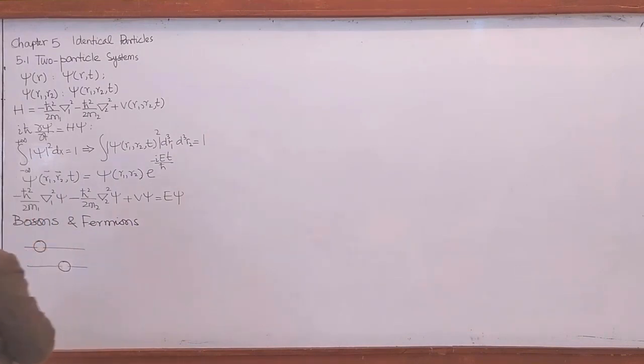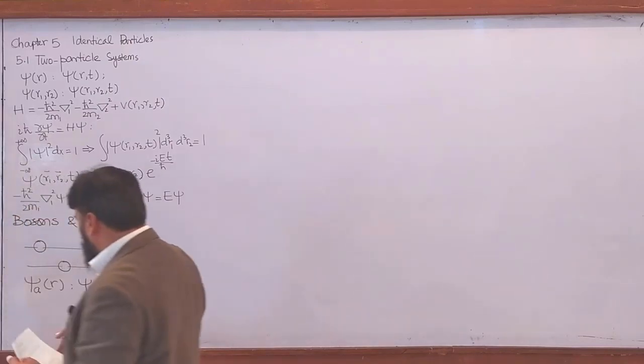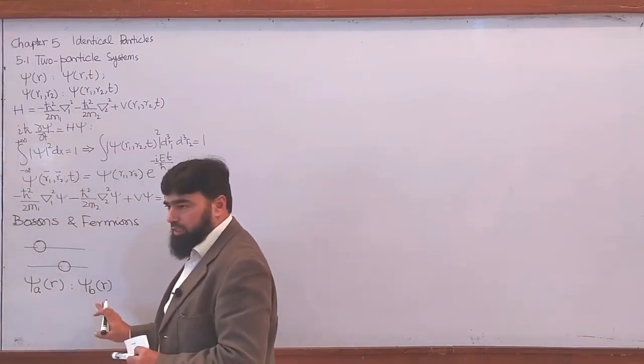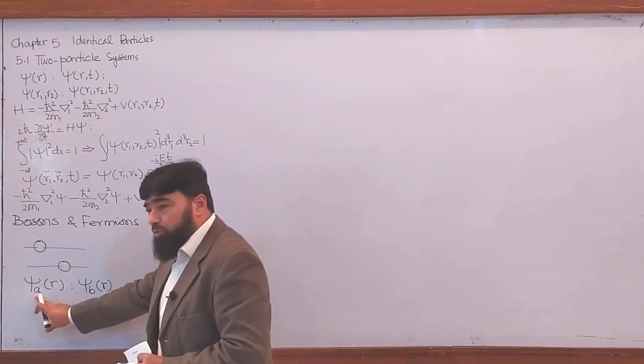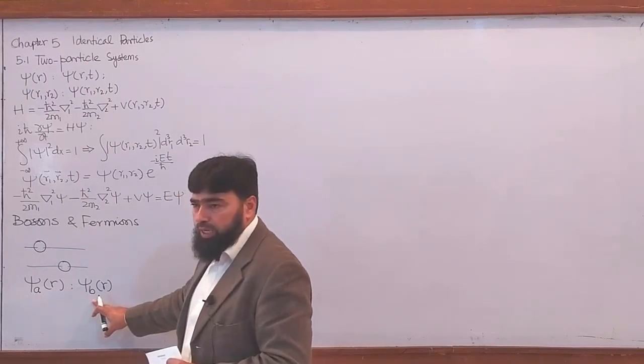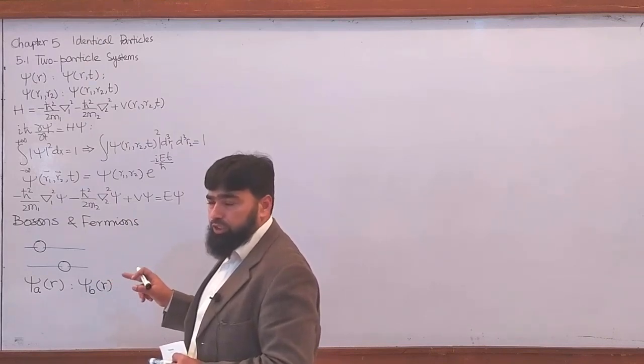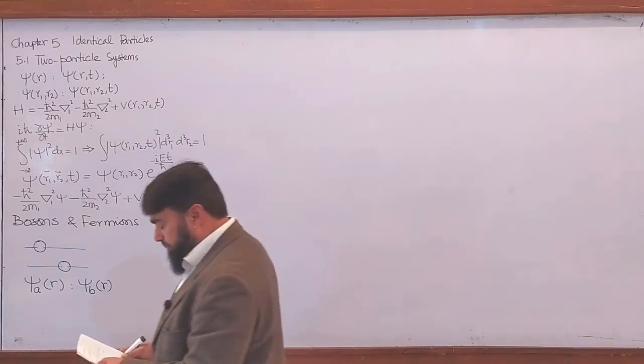Let's say we have one particle in one state. One particle is in state psi_A(r), and another particle, which is particle 2, is in state psi_B(r). These are the spatial coordinates, r the spatial coordinate. Psi_A we designate to one particle, and psi_B to the other particle. We are not considering which particle, we are just saying one particle and the other particle.